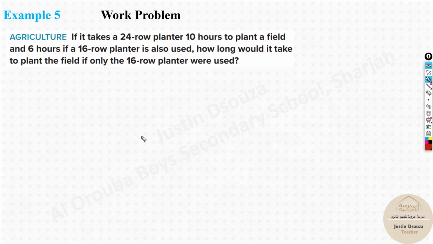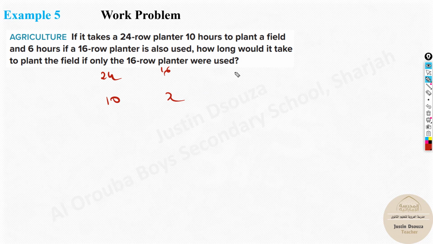So always remember this method now. Here, all you need to do is the rate. We just can't take these hours. This time is 10 hours for the 24 row tractor, whereas it is unknown for the 16 row, not mentioned at all.